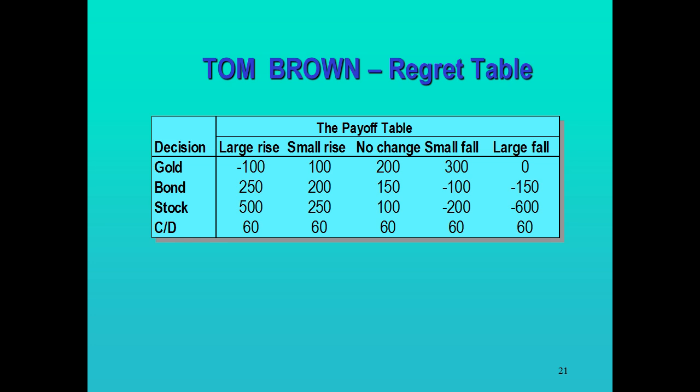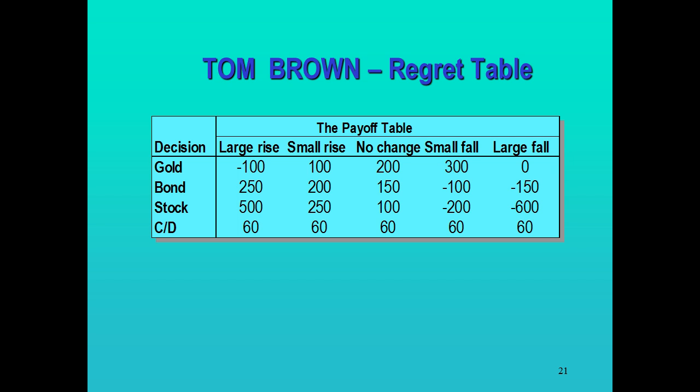I'm going to make a little regret table up here just so we can go through it. Gold, bond, stock. This table is based on regret, not payoff. If a large rise happens, looking back, what would have been the best decision?